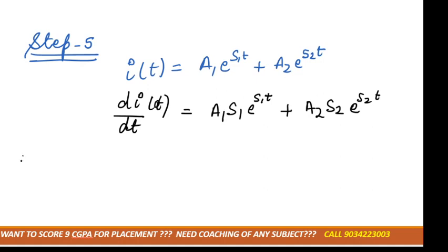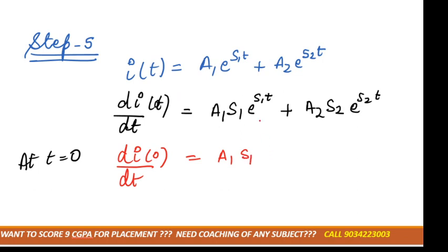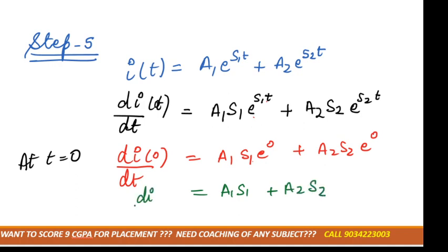Now again we have to do it for at t equal to 0, right? So that would be di by dt at 0. If we'll put t equal to 0, then it would be a1 s1, because e raised to power 0 is only 1, right? Clear? So a1 s1 plus a2 s2.